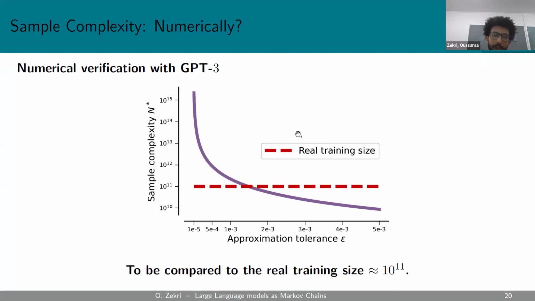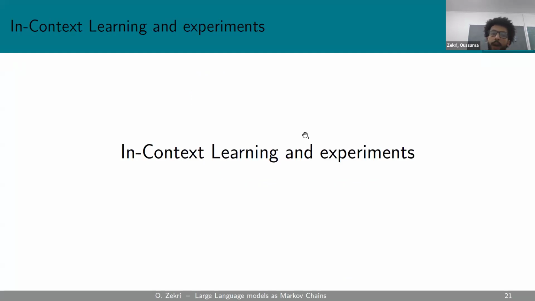All right. Then another last contribution that we have made is about in-context learning, and you remember the problem that I mentioned in the first slide, the fact that you have emerging capabilities, but you don't know how to explain them theoretically.